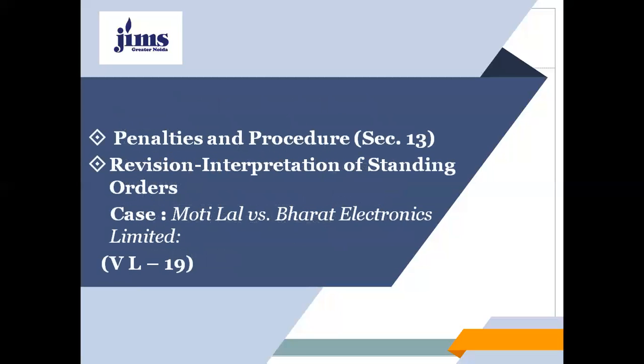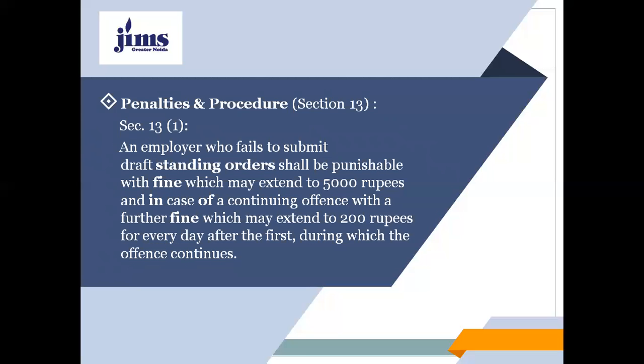Section 13(1) says that if an employer fails to submit the draft of standing orders as required by Section 3, or if the employer modifies the standing orders otherwise than in accordance with Section 10, he shall be punishable with a fine which may extend to rupees 5,000, and in case of continuing offense with a further fine which may extend to rupees 200 for every day after the first during which the offense continues.